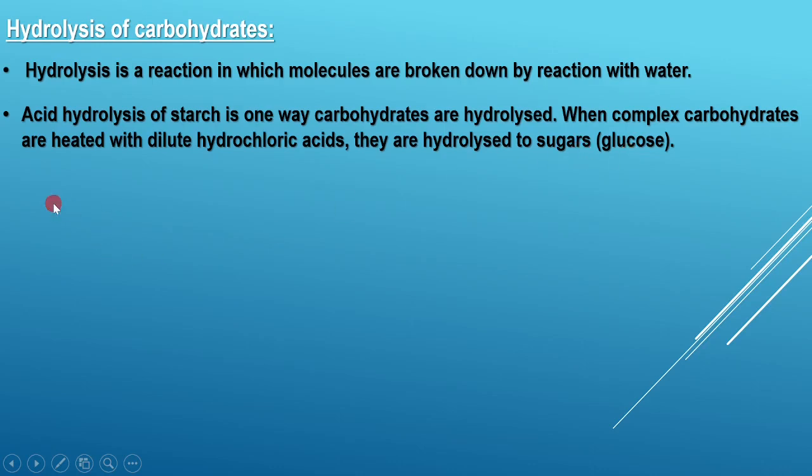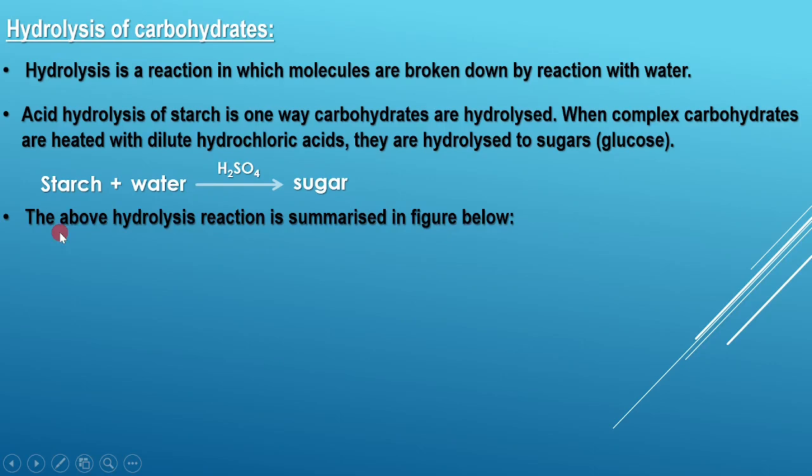Like in this case, if you have starch plus water in the presence of sulfuric acid, this would lead to formation of sugar. So this reaction is summarized in the figure below like this.